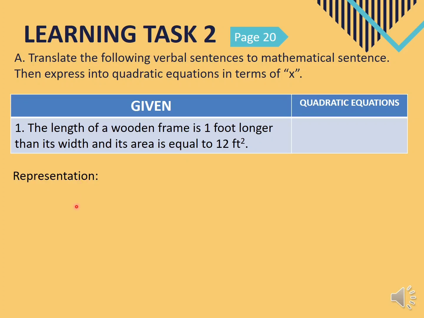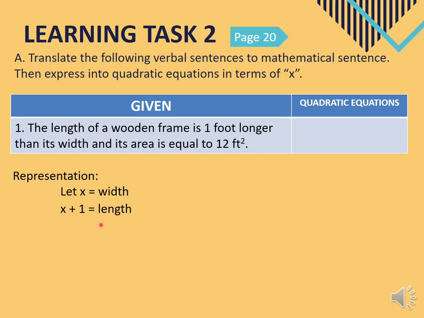So therefore, we don't know what width is. So we can represent it as x. Let x be the width. If x is the width and it states that length is 1 foot longer, meaning we can represent the length as x plus 1.